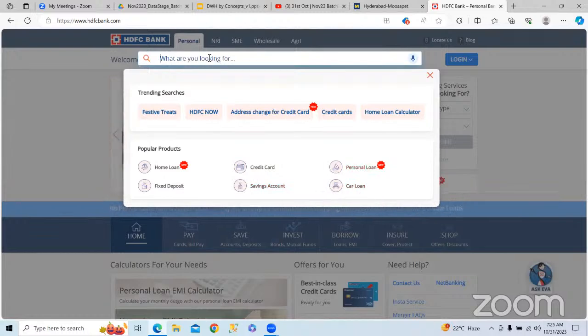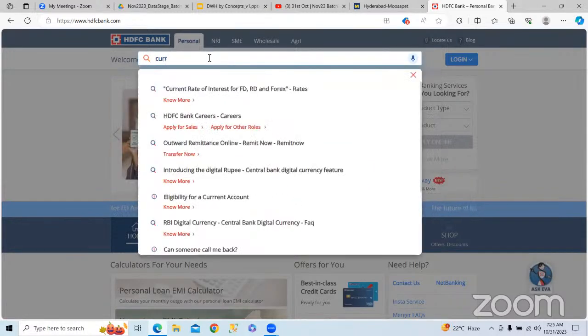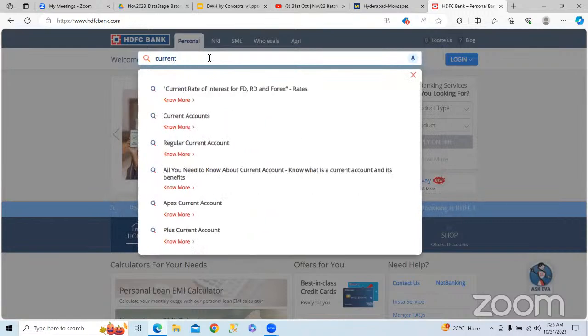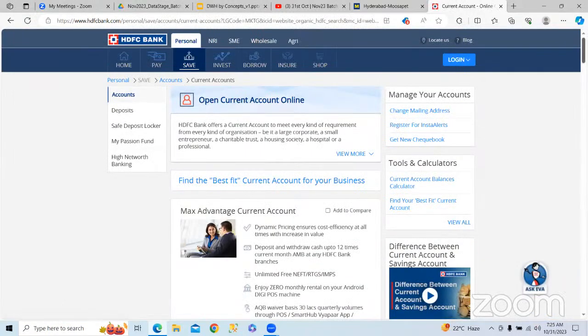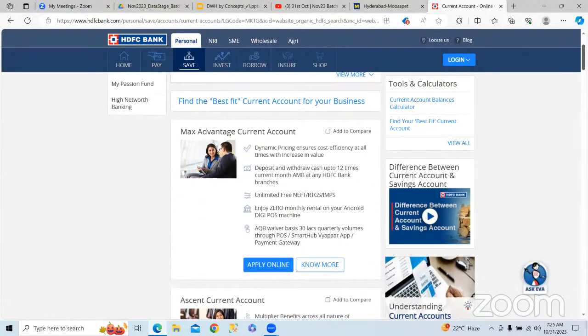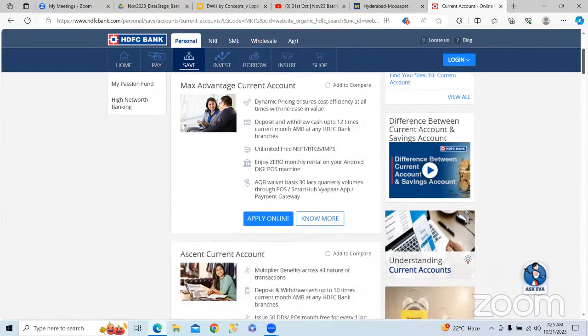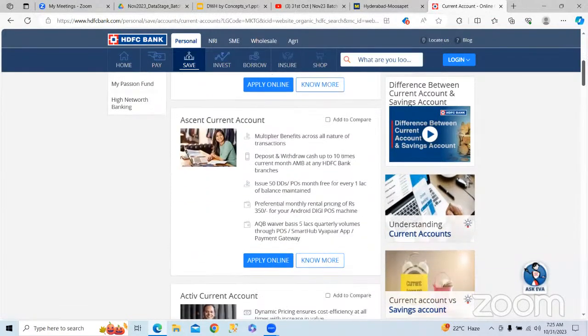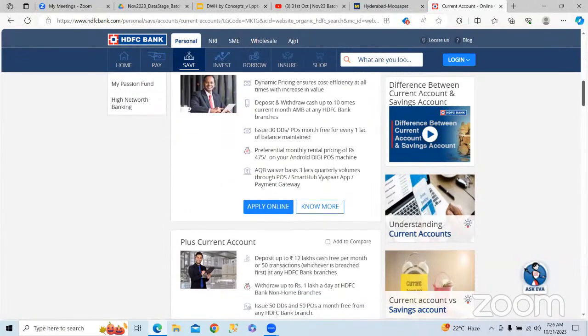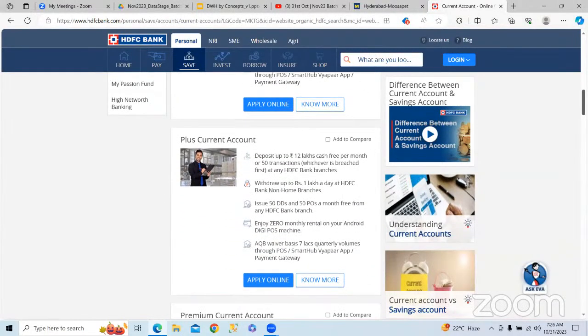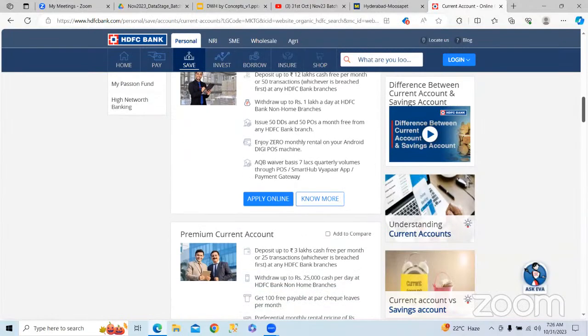Say I want to open a current account. There are different types of current accounts, you can see here: Max Advantage current account, Accent current account, Active current account, premium current account.